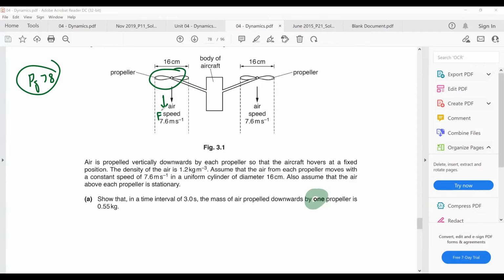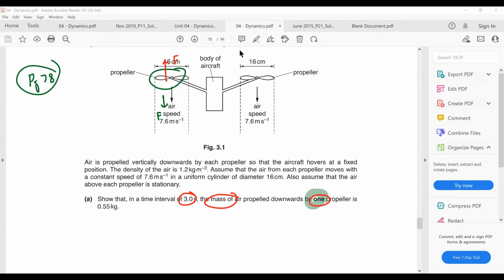So according to Newton's third law, the air will exert an equal opposite force back onto the propeller. This is what causes your aircraft to rise. All right. So right now, what they want you to find out is that in a time interval of 3 seconds, show that the mass of air that's propelled downwards by just one propeller is 0.55 kg.